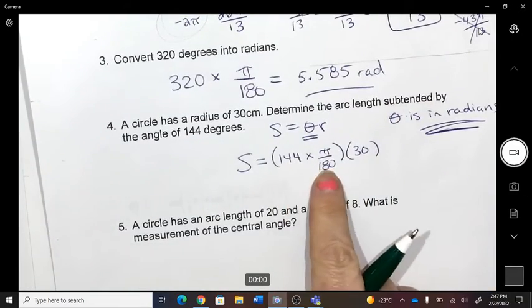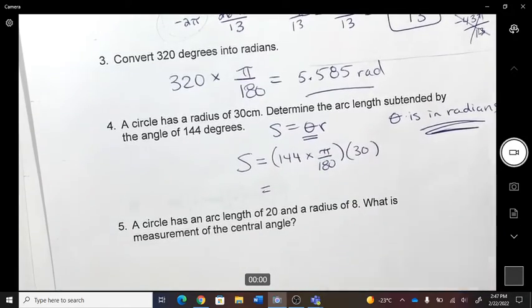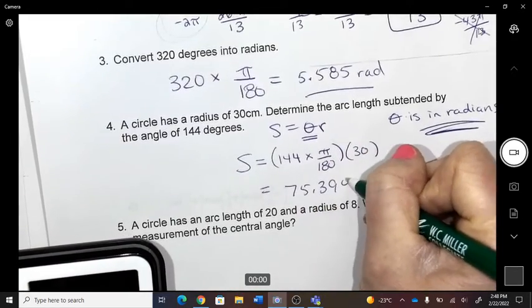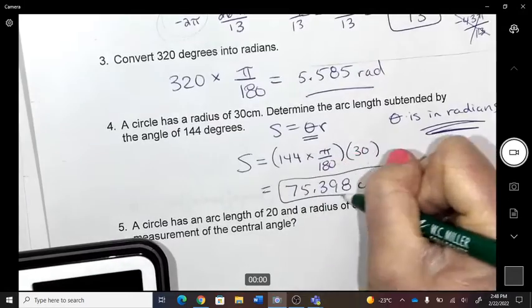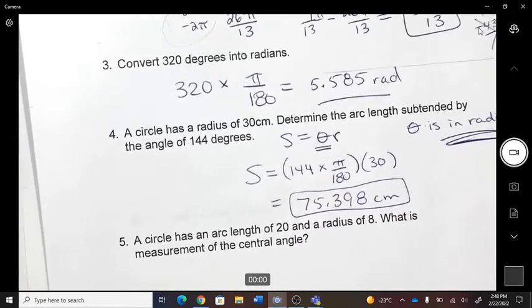So this is now going to be the radian angle times 30. This should all go in as one big type into your calculator. And see if we match, and then it would be to 3 decimal places, right?